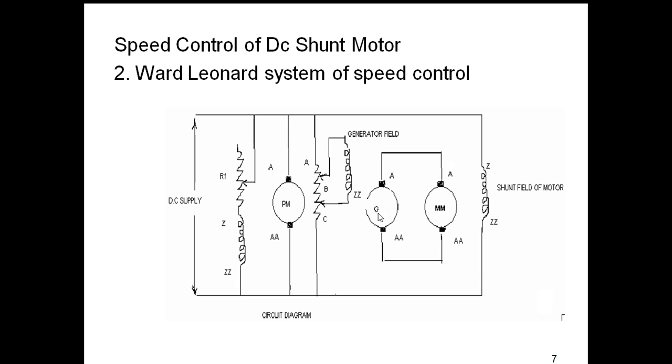The supply of this generator can be varied by using a potential divider A, B, C, and this motor is used to run this generator. Means here this motor is coupled to this generator. This motor shaft is coupled to the shaft of the generator.